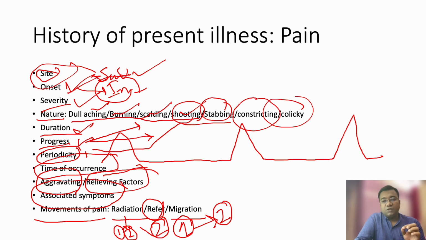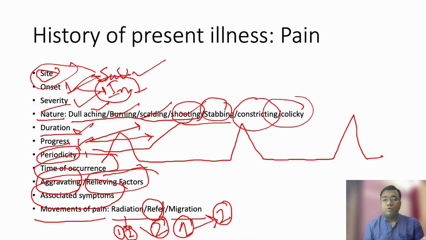So at the initial phase of acute appendicitis, the patient feels pain in the periumbilical area. Gradually, when the inflammation progresses, it extends up to the parietal peritoneum, and the patient now feels pain at McBurney's point or the right iliac fossa of the abdomen. So this is called migration of the pain.